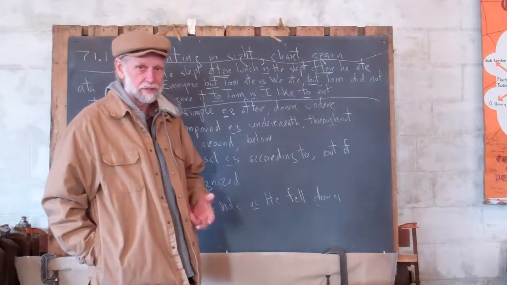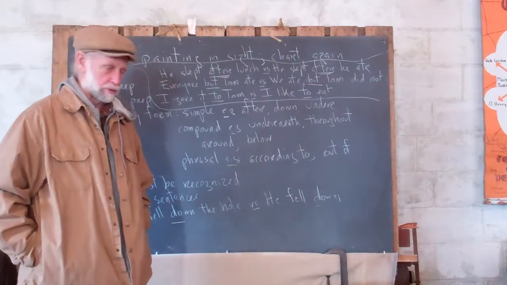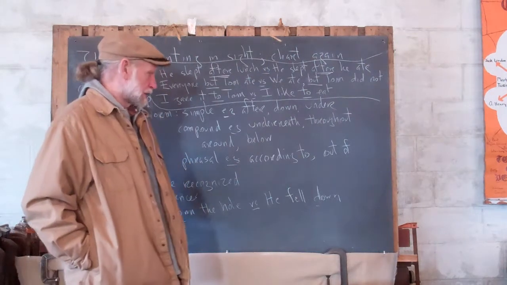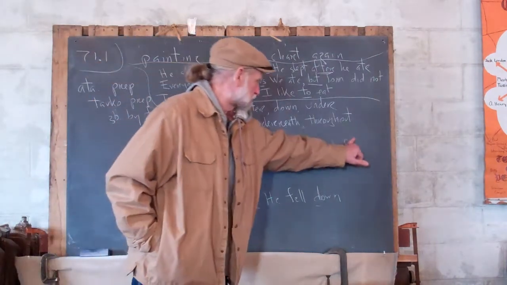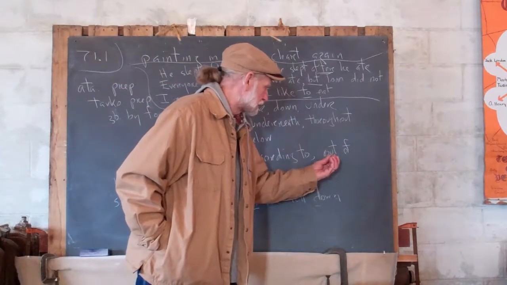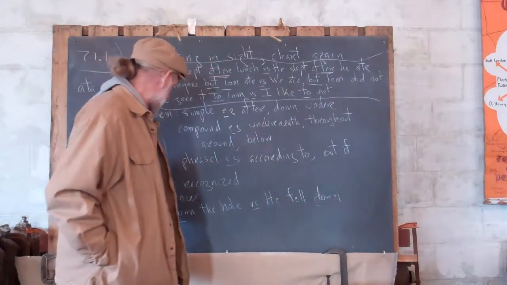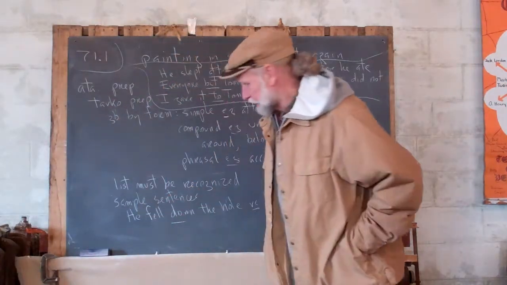So originally they were compound. There are phrasal ones, according to Hoyle. Out of Africa is a famous book, out of. Well, that's a single preposition. It is phrasal, though. This is a single preposition. It's phrasal.